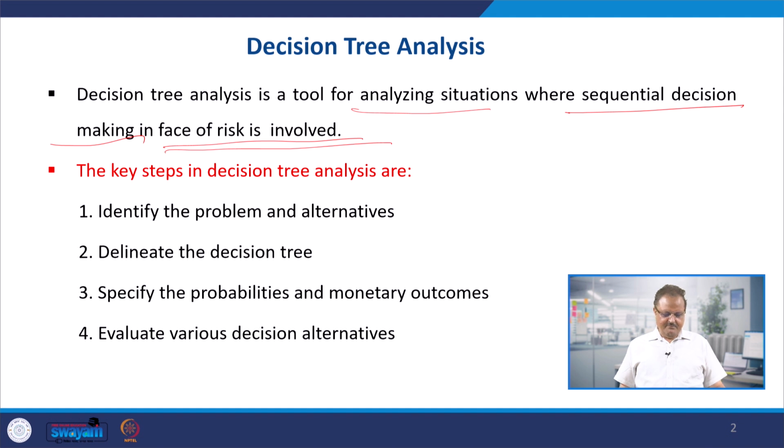Same is almost the process in the decision tree analysis as well, where in a sequential process we take the decisions and finally try to understand what this investment involves in terms of financial outcome, in the form of NPV or IRR, and in terms of risk management. If we are able to manage the risk and get the desired results, we will make the investment. But if we are not able to, then we will not.